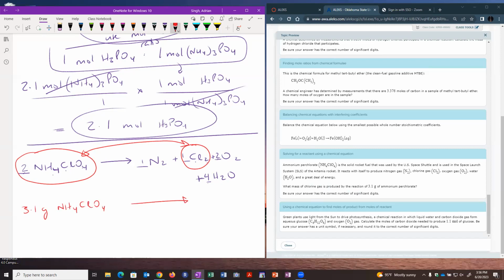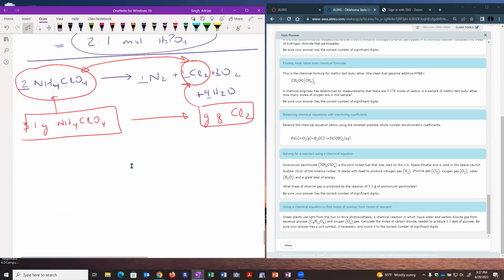We want to determine the mass in grams of Cl2 that's produced. So we want to go from grams of a reactant to grams of a product. And the only way to relate any 2 things in this equation is to go through moles, right? So we need the mole to mole ratio of those 2 things.